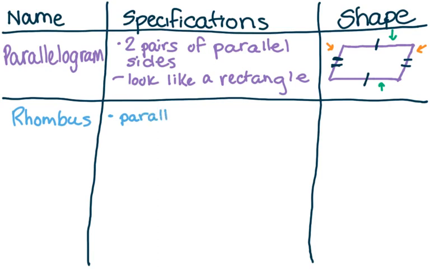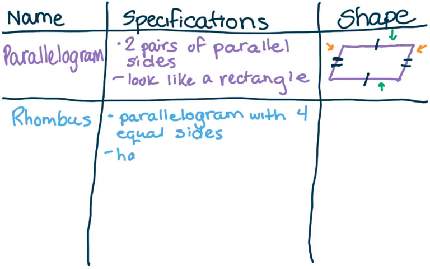So it's going to have two pairs of parallel sides. A parallelogram with four equal sides. And it has no right angles, or no 90-degree angles.